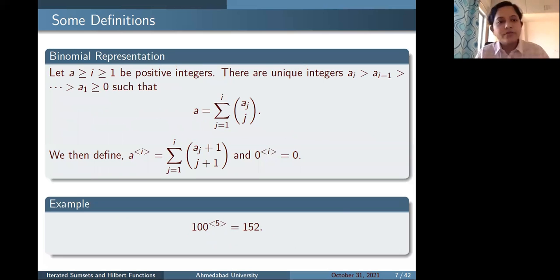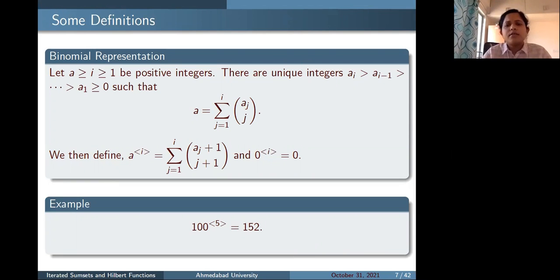Now I'm going to introduce the definition of binomial representation. Suppose I have two positive integers, a and i, so that a is greater than or equal to i, greater than or equal to 1.